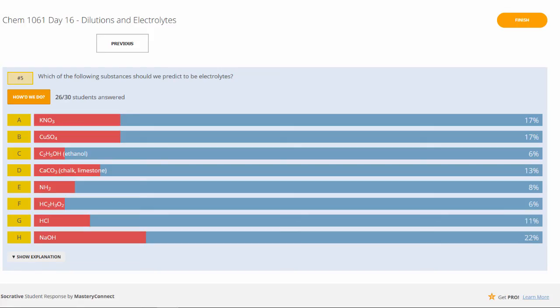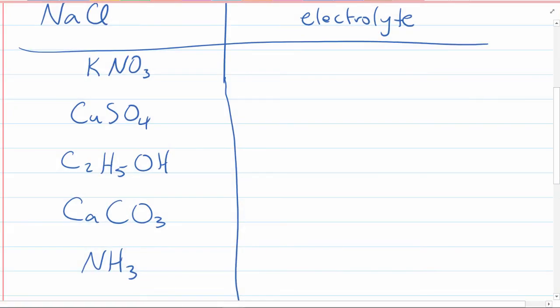We'll add some of the potassium nitrate to this. And we'll go ahead and mix it up. And see what happens here. And we see that the potassium nitrate is, in fact, an electrolyte. So again, potassium nitrate, yes, is an electrolyte.